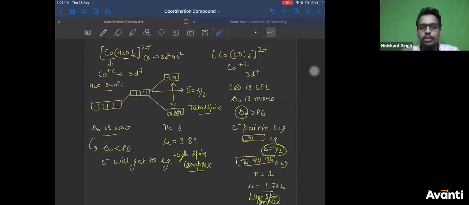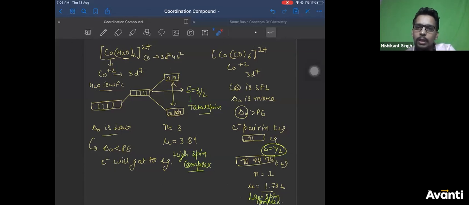When there is a back pairing of electron, why does electron go to 3D? Arish, I'll answer it tomorrow. Adesh, I'll answer it tomorrow, though I'm still thinking about what the doubt exactly is.